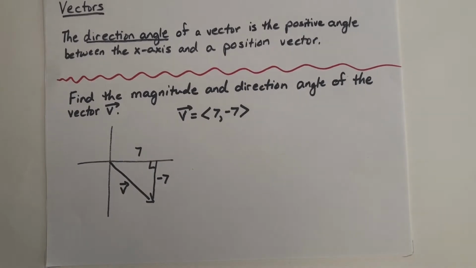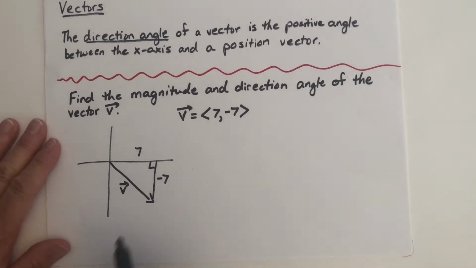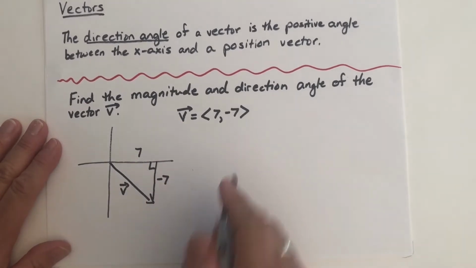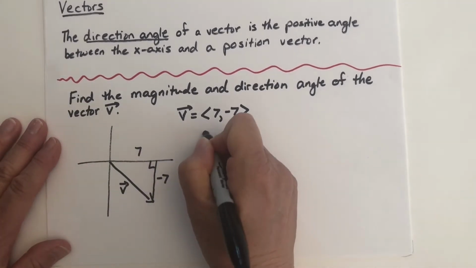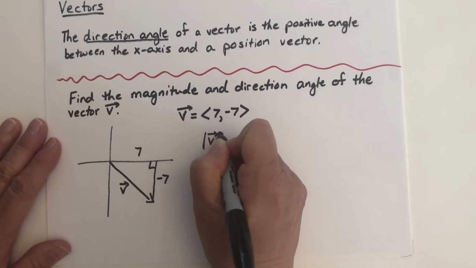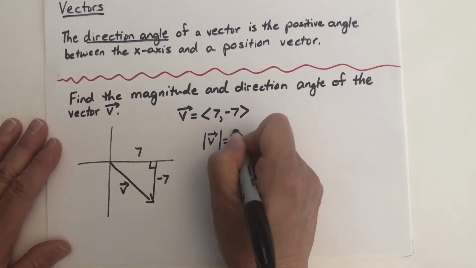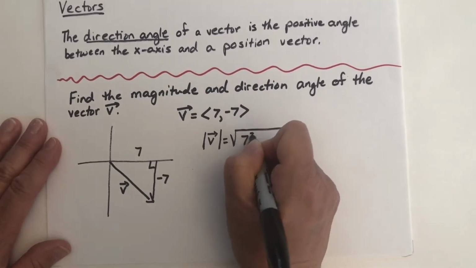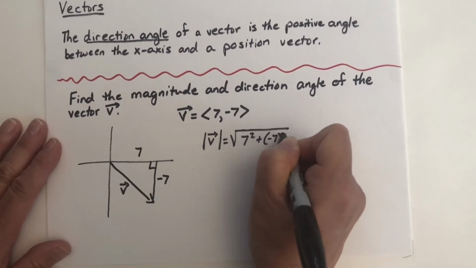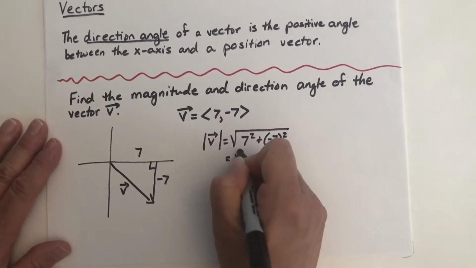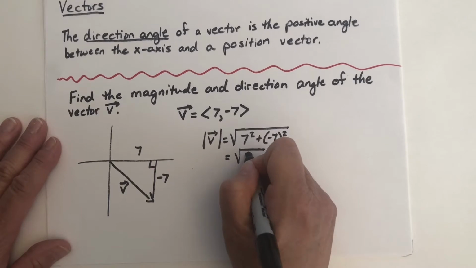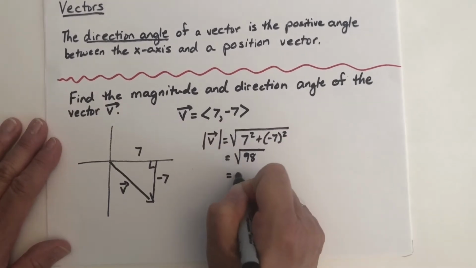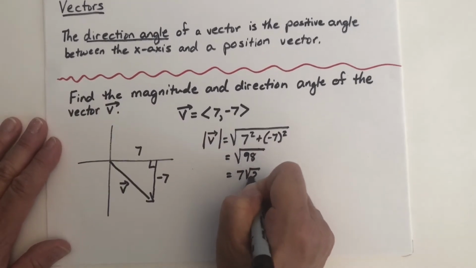Well, in order to find its magnitude, we just need the length of this side. We know the magnitude of that vector is just the square root of 7 squared plus -7 squared. That's the square root of 49 plus 49 is 98, which is 7 square root of 2.